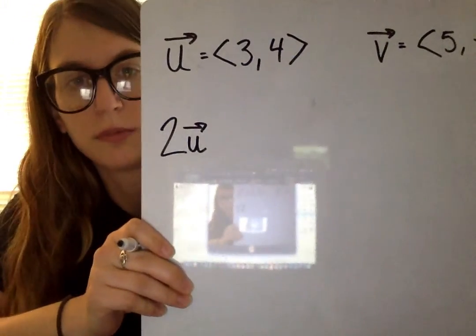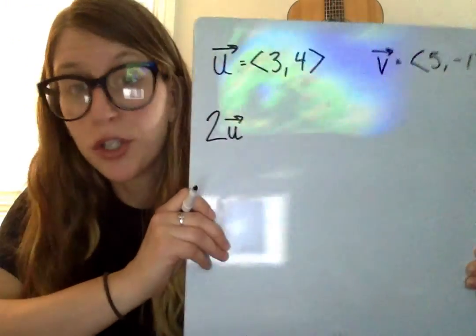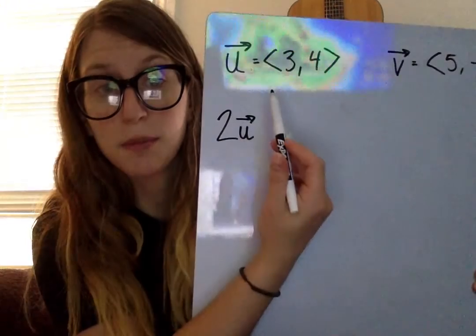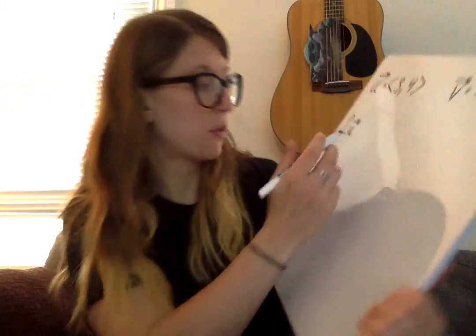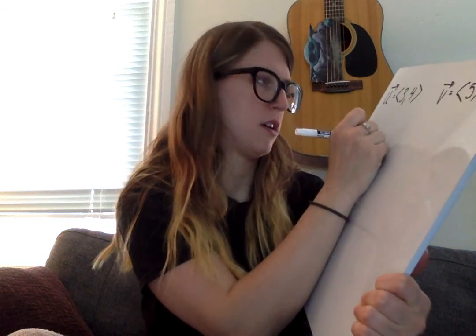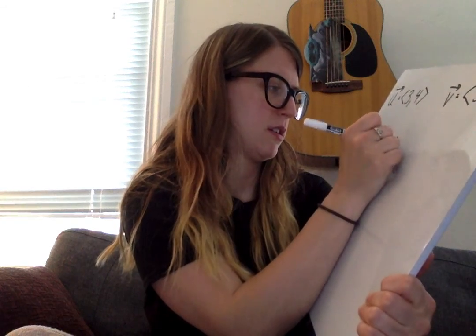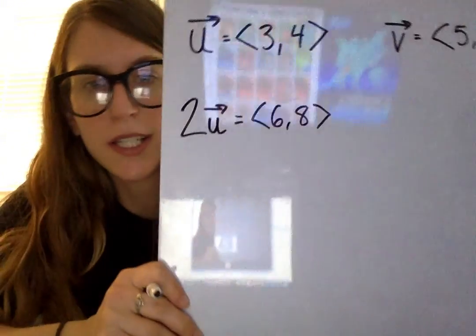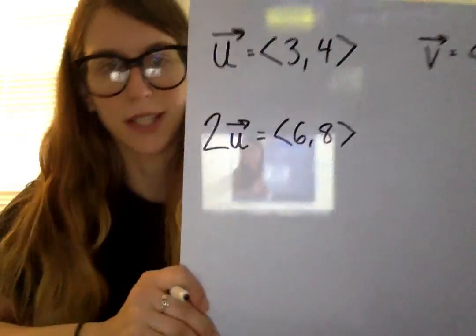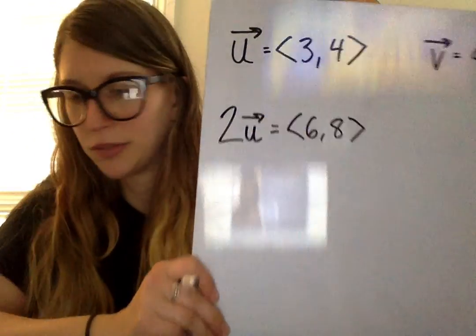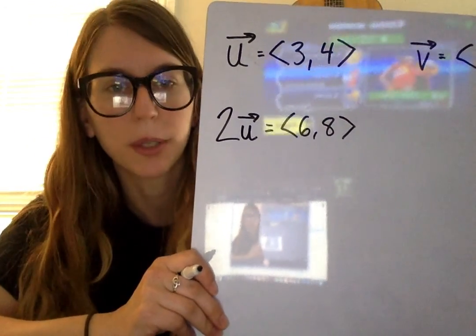What's 2u? And literally, all you do is 2 times 3, 2 times 4, and you get 6, 8. That's it. There's nothing more to it.